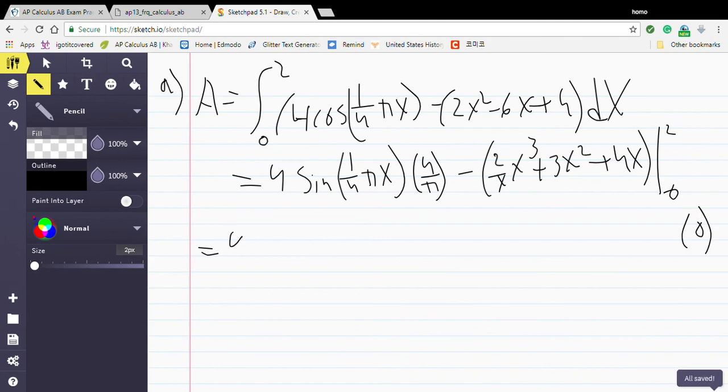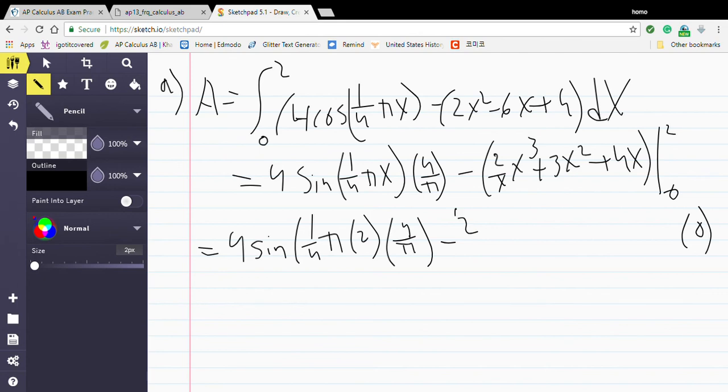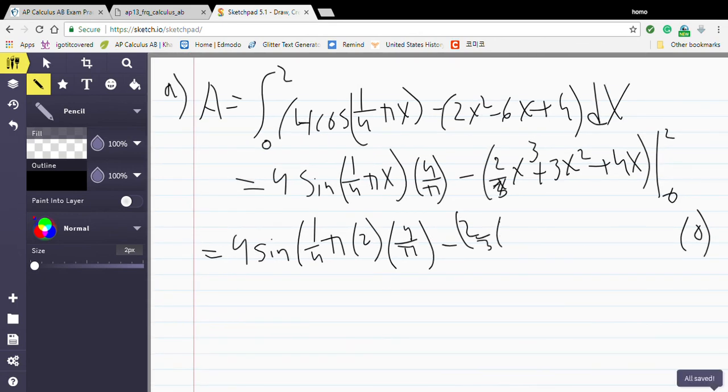But once we plug in 2, it's going to be 4 sine of 1 over 4 pi times 2, times 4 over pi, minus, in here I wrote 2 over x, it's supposed to be 2 over 3, 2 over 3 to the power of 3 plus 3 times 2 to the power of 2 plus 4 times 2.